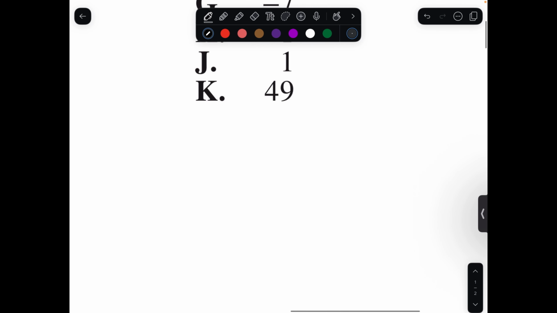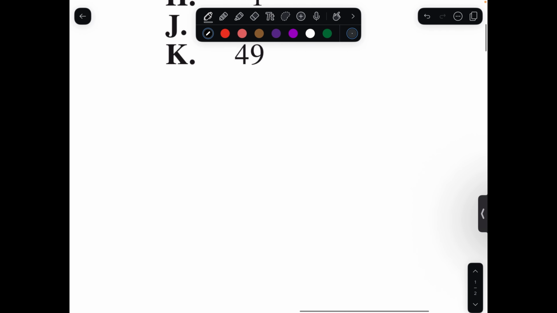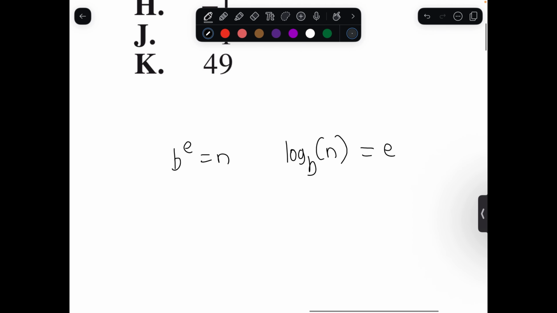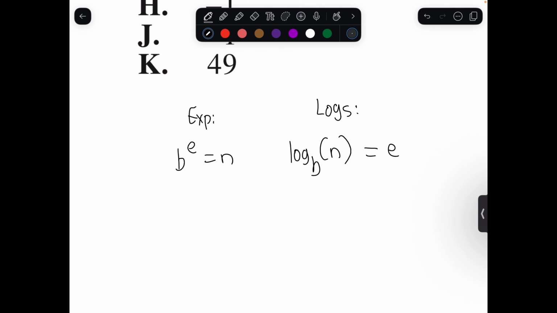And remember, to convert exponents into logs, it's the base raised to the exponent equals your number. This is equivalent to log base your base of your number equals your exponent. So these two are the same thing.